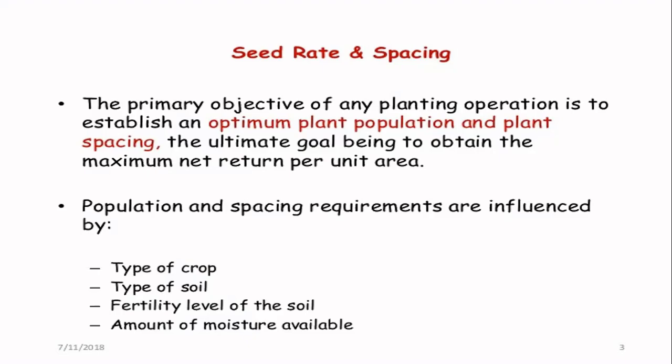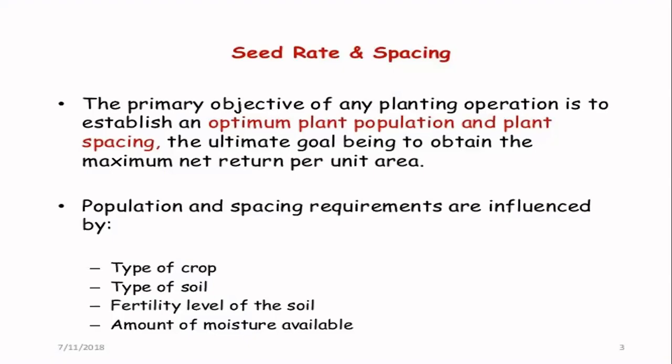Maximum means the extreme end. You cannot get the maximum. Why? It depends on environmental factors also. You can put in a very high amount of fertilizer, high seed rate, high water, every input high.